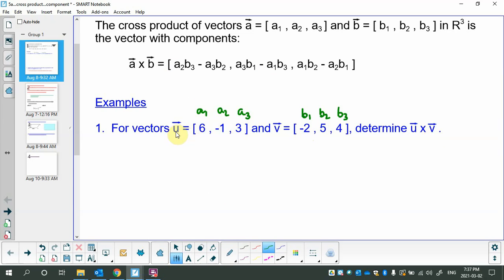So it doesn't really matter what these vectors are called as long as you know what the pieces are called. So, do it in red just for fun. Method 1, I'm going to show you, is the formula.